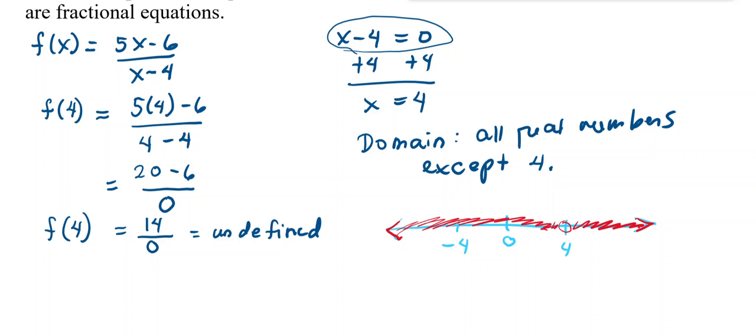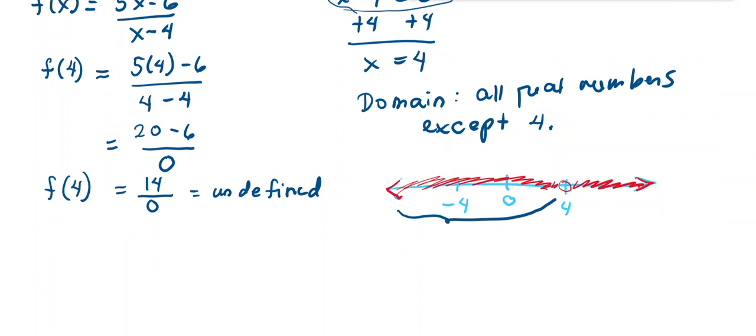So now let's go ahead and name those intervals. From here up to here, we're gonna say it's from negative infinity up to 4, but 4 is not included, so we're gonna use the parentheses. And infinity is not a number, so we also use parentheses for that.